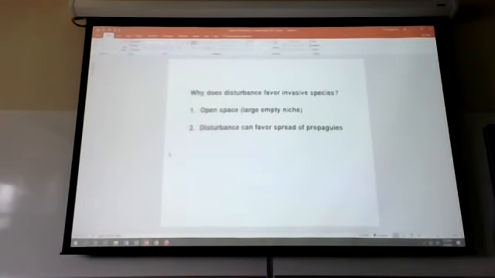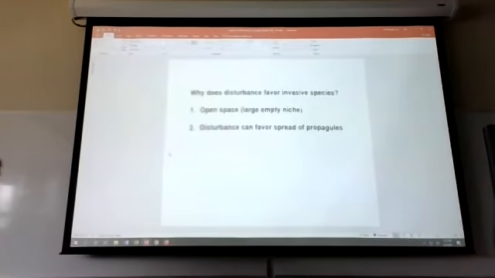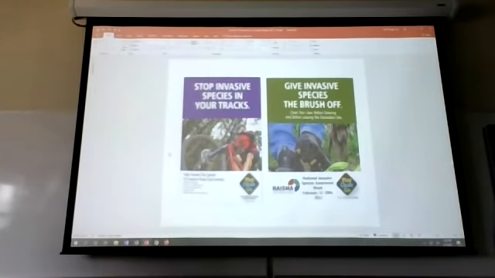Remember talking about that one plant they threw in, a fragment, spread. So that's another thing that might happen. And there are big campaigns to help reduce the spread of invasive plants.